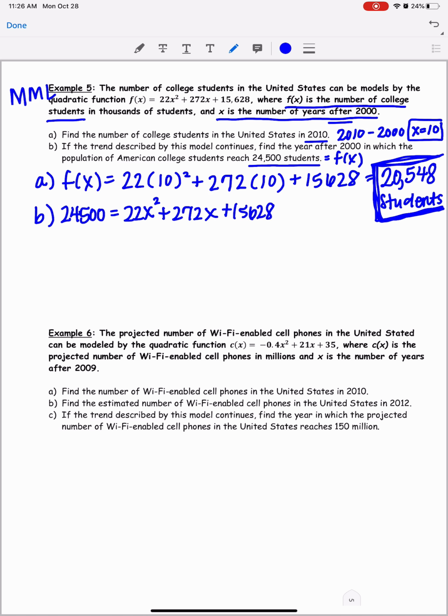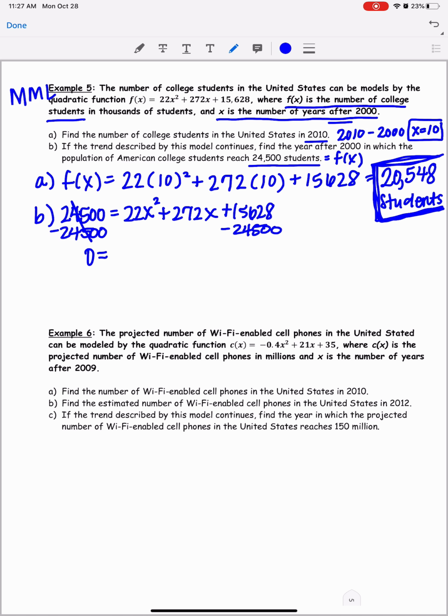How do you solve quadratics? Either by factoring, and I don't want to factor with those numbers, or the quadratic formula. Either way, they have to be in standard form. So that means I've got to subtract this over. Its like term is this 15,000, so I'm going to subtract it from this. Okay, that cancels.